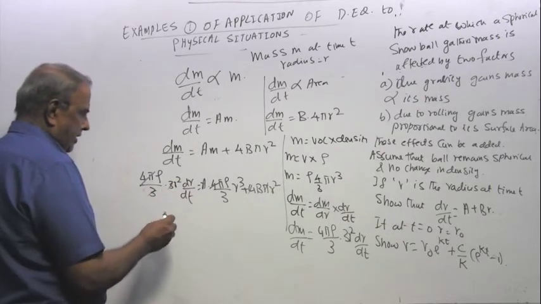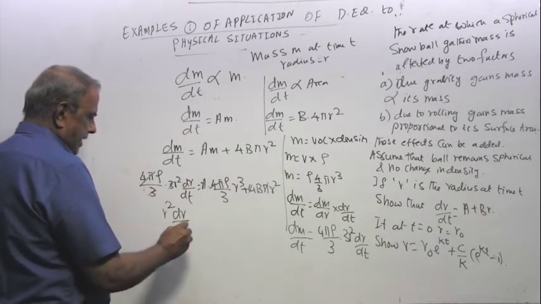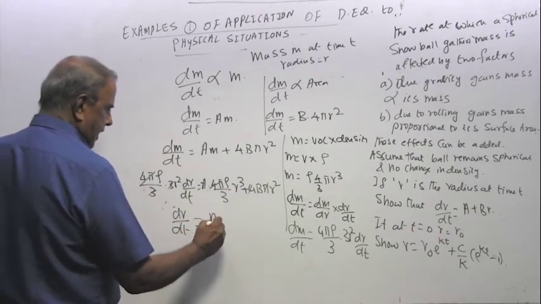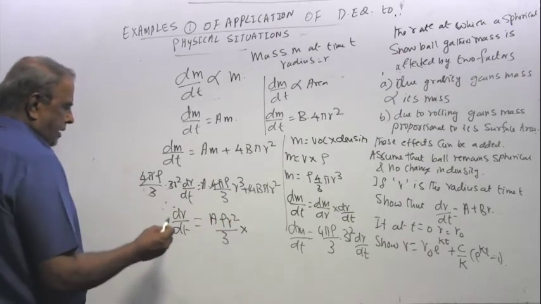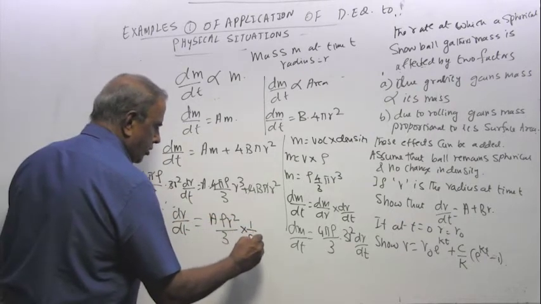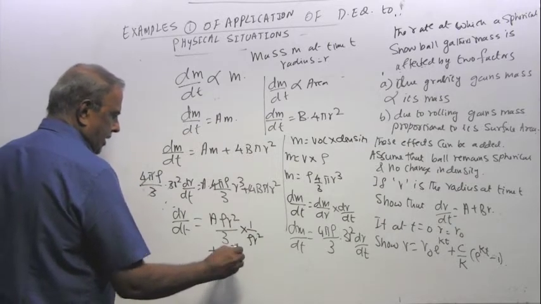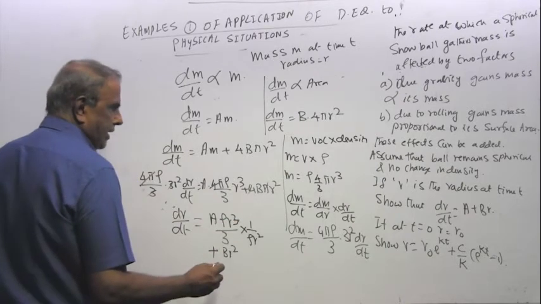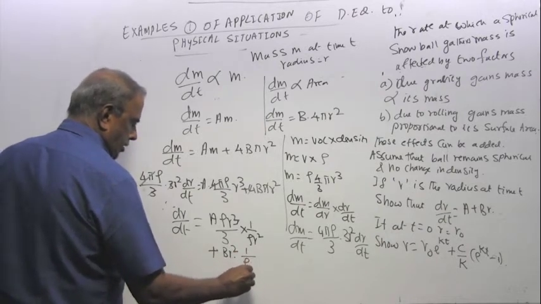So what do I get? So r squared dr by dt, no, dr by dt equal to, let's start from here, a rho r cubed over 3 times, I am dividing by rho r squared, 1 over rho r squared, plus b r squared times 1 over rho r squared.